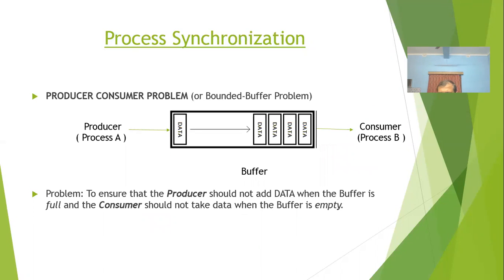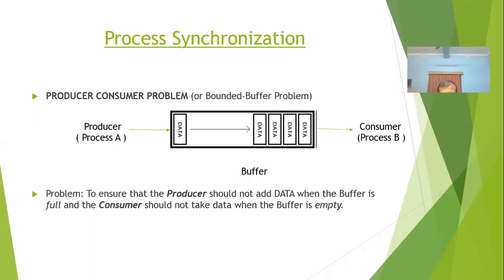So let's take an example here, a very simple producer-consumer problem. We are considering that a buffer is being given here. Buffer means some sort of temporary storage where the producer is putting some items, and the consumer is consuming the items from that particular buffer one by one.